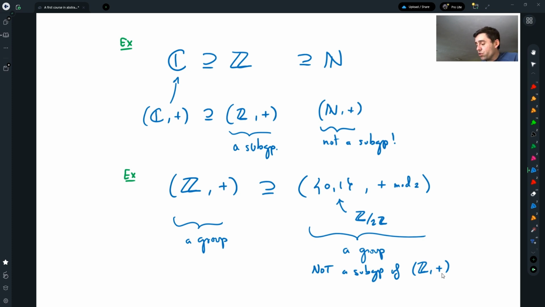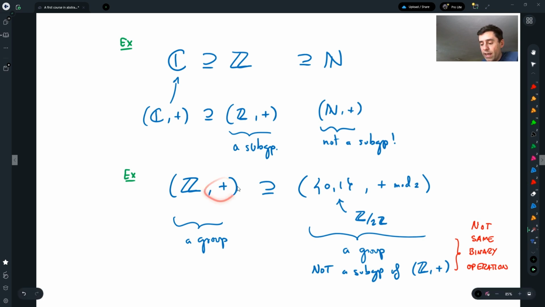The binary operation is not the same. If it was the same, we would have that in here 1 plus 1 is 0, but it isn't. So this is a containment of sets, but it is not a containment of groups. So it's not a subgroup.